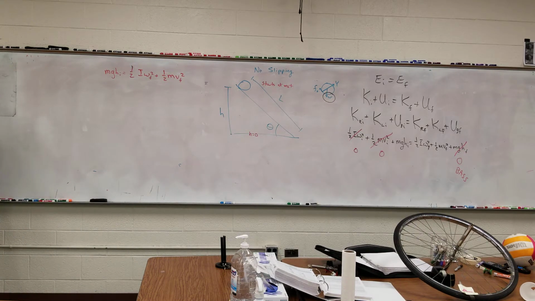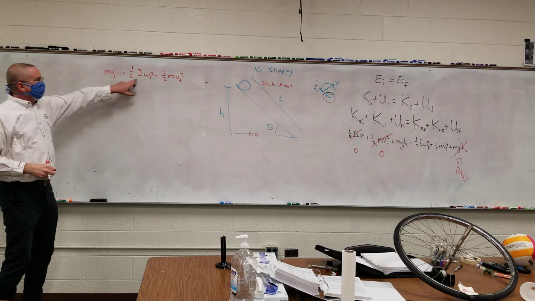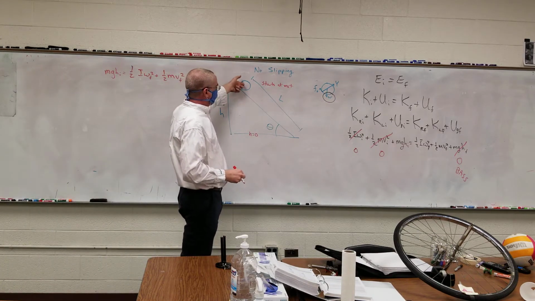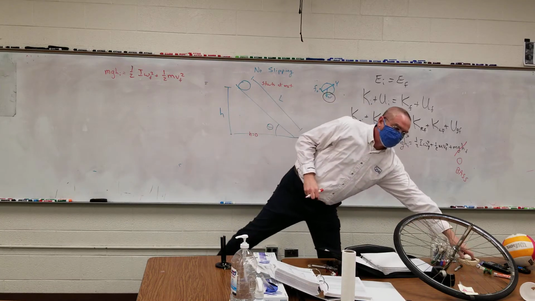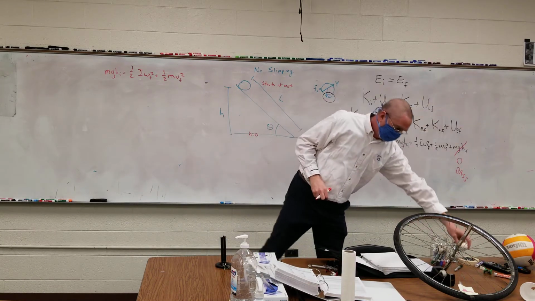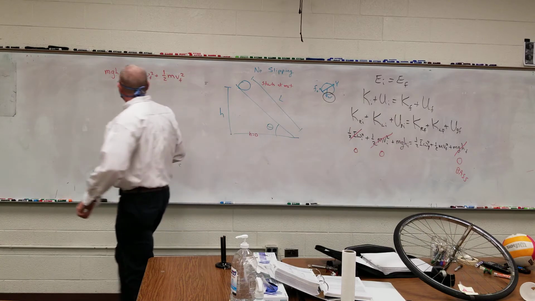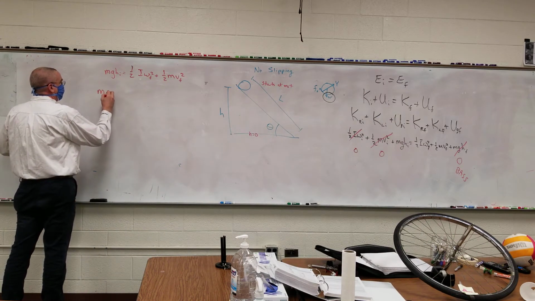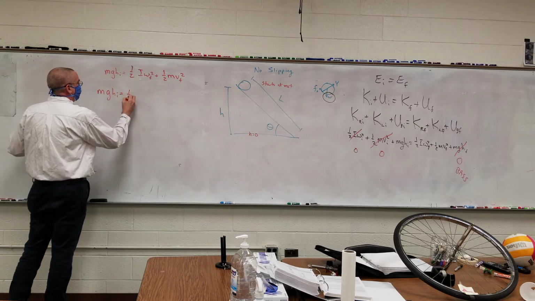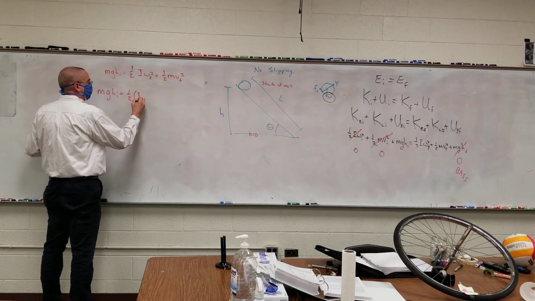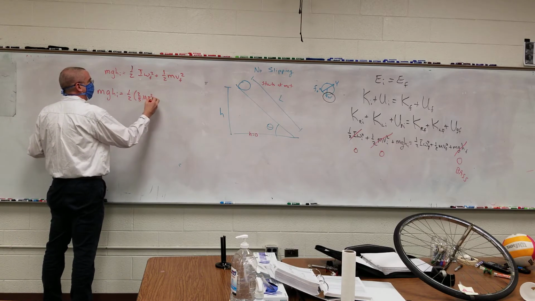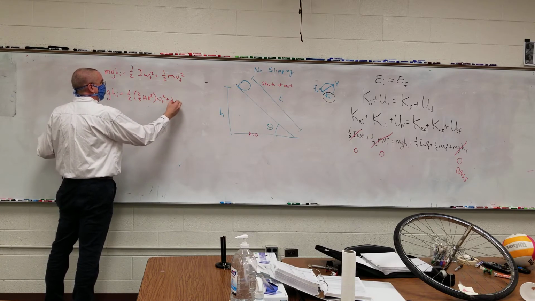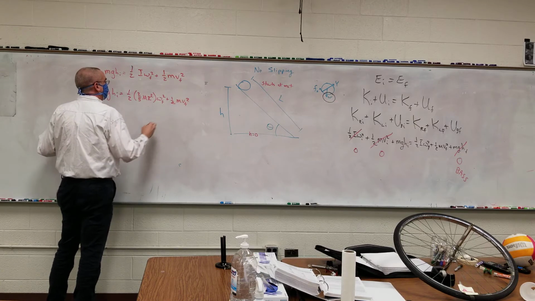We have a formula for I because I said it verbally, solid ball, two-fifths m r squared. So m g h initial equals one-half times two-fifths m r squared omega final squared plus one-half m v final squared.